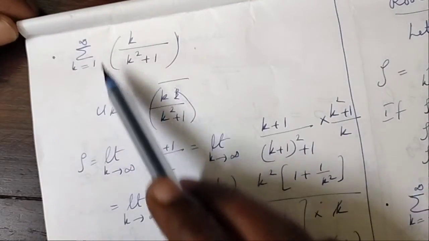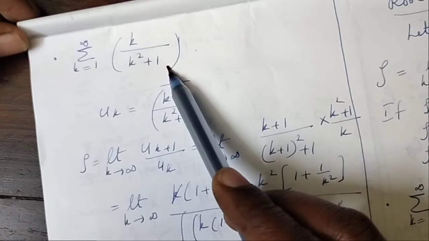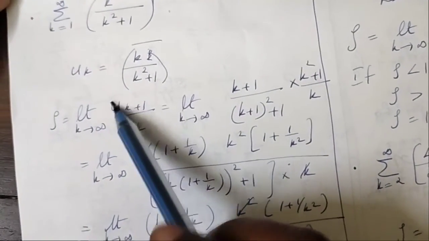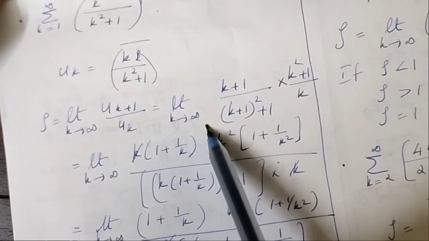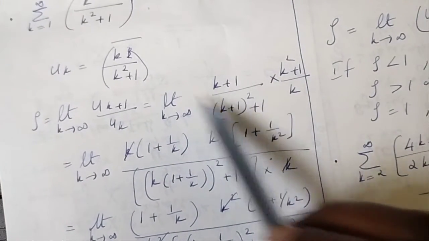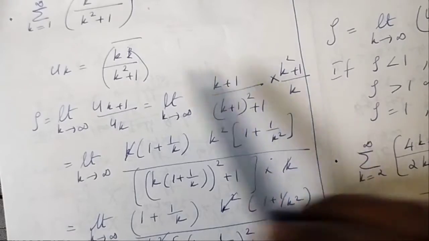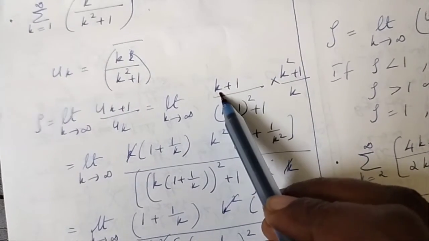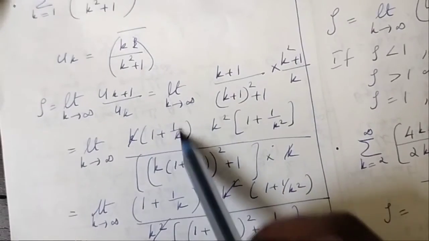Next one, sigma k from 1 to infinity, k by k square plus 1. Here also uk is k by k square plus 1. So what is rho? Limit k tends to infinity, k plus 1 by (k plus 1) the whole square plus 1, into its reciprocal, k square plus 1 by k. Taking the highest power k outside, we get k into 1 plus 1 by k.